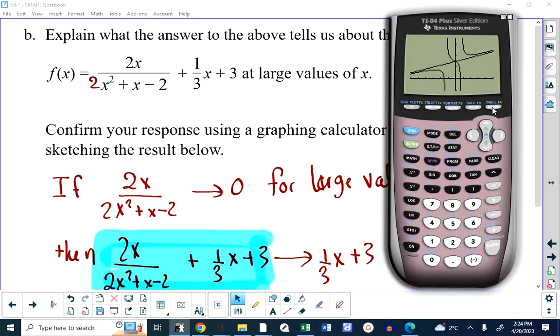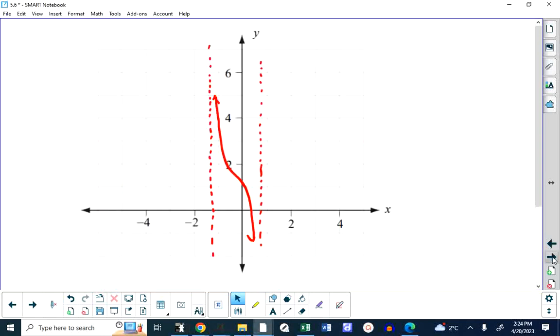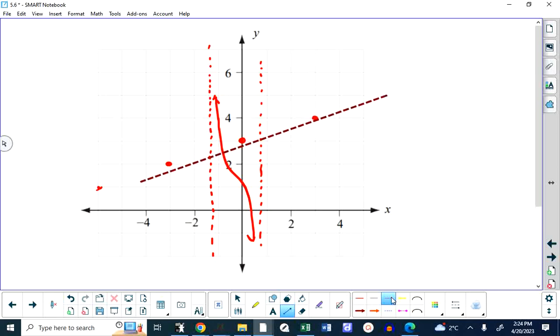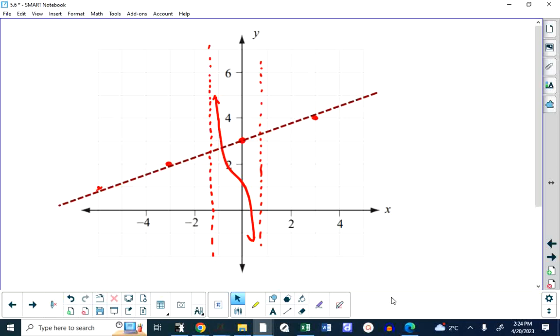So if I were to draw in 1/3 x plus 3, and you should know what 1/3 x plus 3 looks like. You should know that it has a y-intercept of 3 and a slope of 1/3. So it should be fairly easy for you to construct that graph, that line. But when you draw it, and I'm not going to try to draw an angle freehand, it is an asymptote.